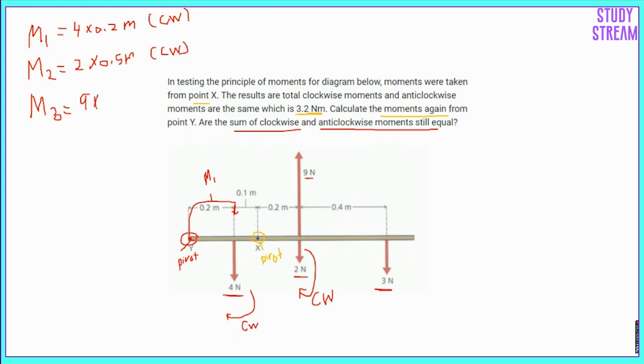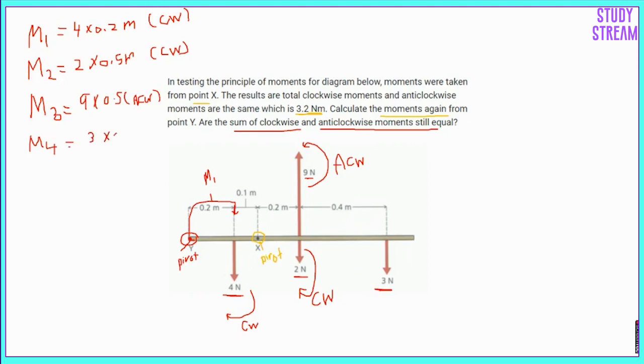Correct. Okay, very good. So now next, the last force. 3 Newton. It is clockwise, and it is 0.9 meters, times 0.9. Okay, 0.9 correct.